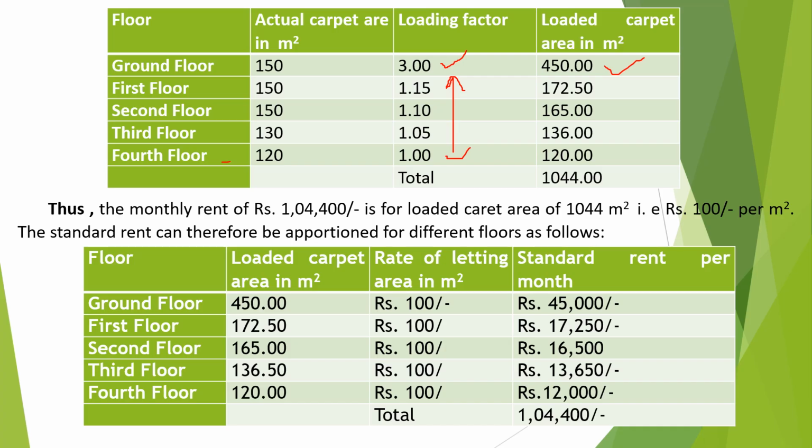So for the ground floor it is 450 square meter, for the first floor it is 150 into 1.15, it is 172.5, for the second floor it is 165, for the third floor it is 136.5, and for the fourth floor it is 120. So total will come out to be 1044.